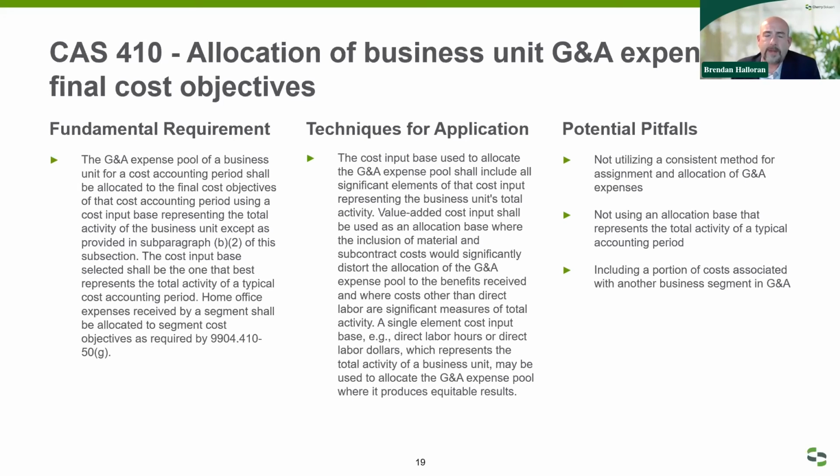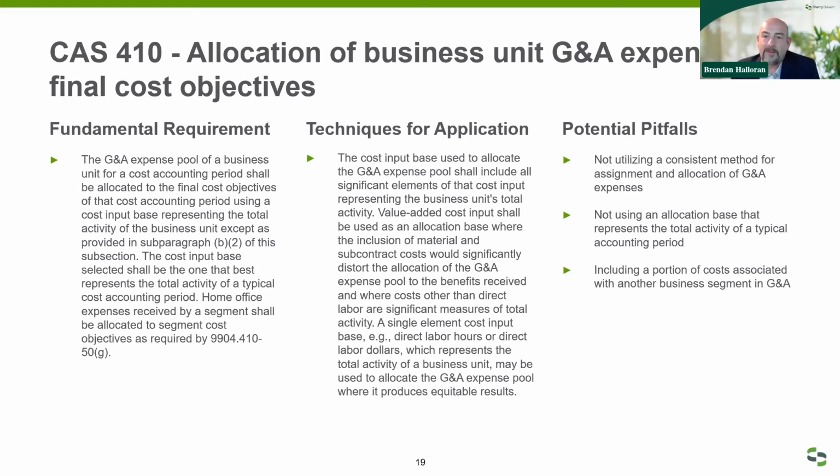Some of the pitfalls that contractors run into when it comes to CAS 410 is, are you using a consistent method for G&A expenses? And that should be implied, that's going to be a key practice for your accounting.